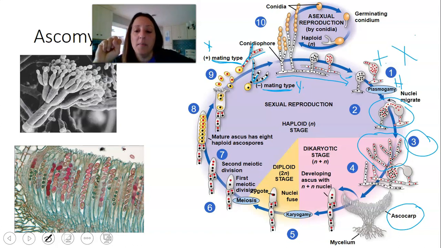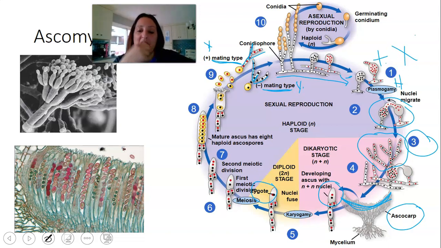Okay? And inside of that ascocarp, which is the cup-like structure, okay, you have cells in here that are dikaryotic. And what might happen is these 2 nuclei, the 2 haploid nuclei, 1 plus 1 minus, will fuse to produce a diploid zygote.